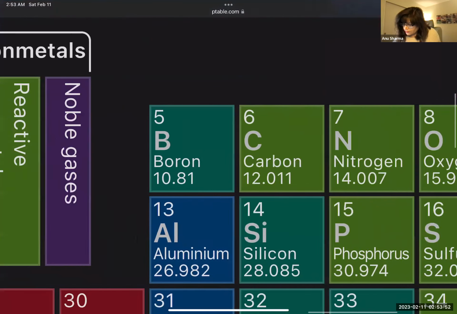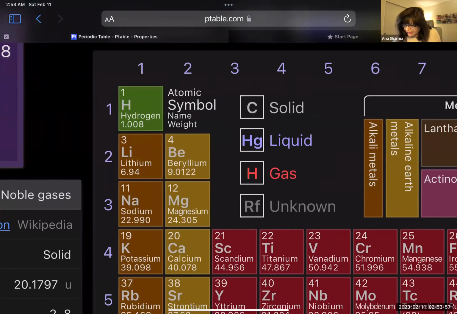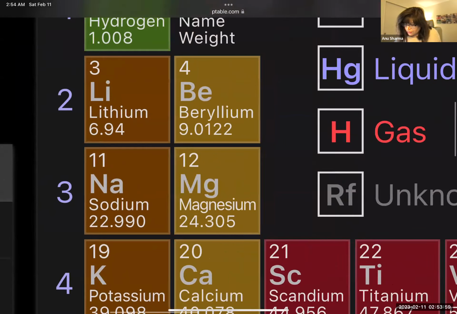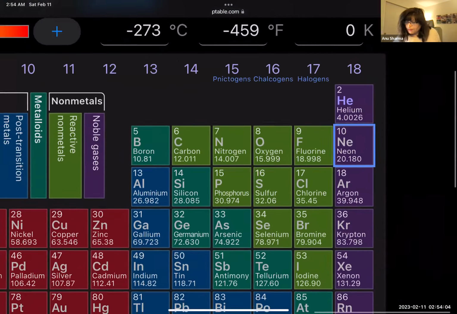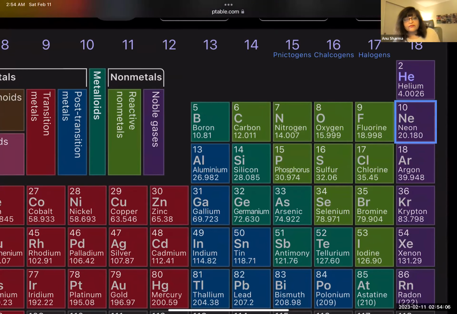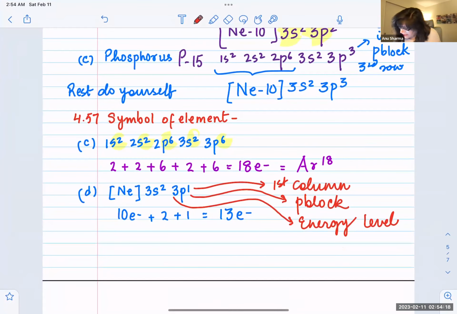Obviously, this is the first energy level, second energy level, third energy level, sodium, magnesium, and then come here, aluminum, 3p1. So this is in the first column. Aluminum is in the first column in the P block, and it's in the third row. And anyway, it's adding up to 13. So it's aluminum 13.